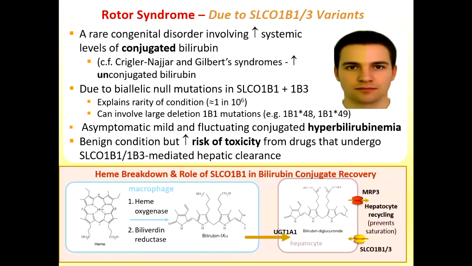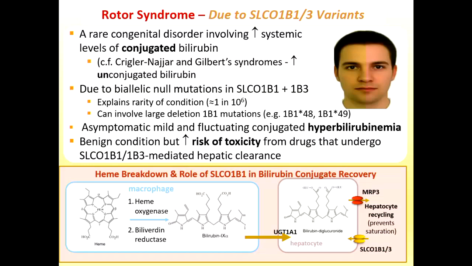So heme, of course, an all-important iron-containing protein, very important in haemoglobin, in all sorts of cells, including red blood cells, but it's a toxic substance. So when macrophages break down erythrocytes and chew them up, they rely on a couple of enzymes, heme oxygenase and biliverdin reductase, and one of the products of this biochemistry is bilirubin IX alpha.